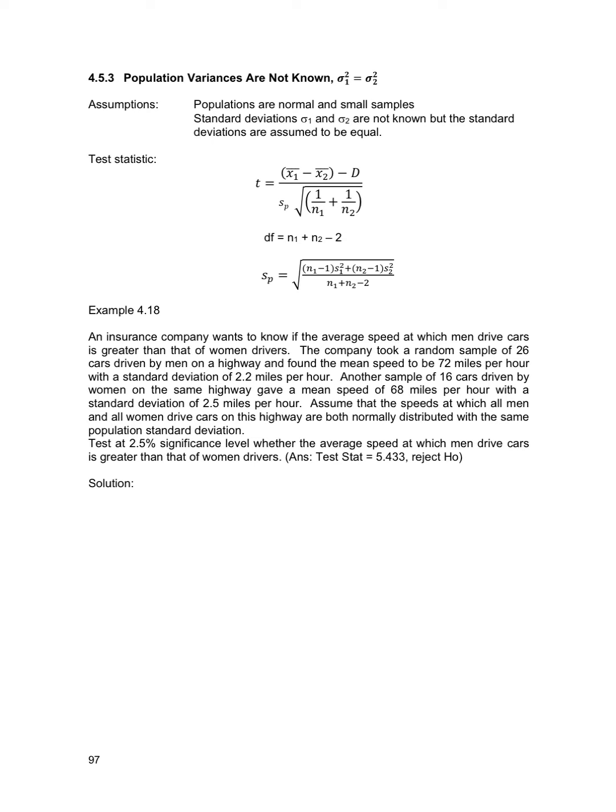So example 4.81: an insurance company wants to know if the average speed at which men drive cars is greater than women drivers. Okay, yang ni dia nak test average speed men drivers greater than women drivers.